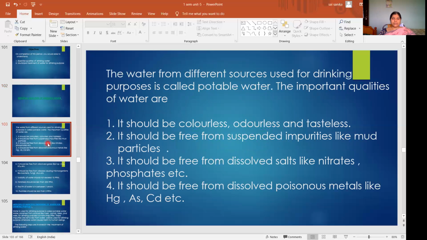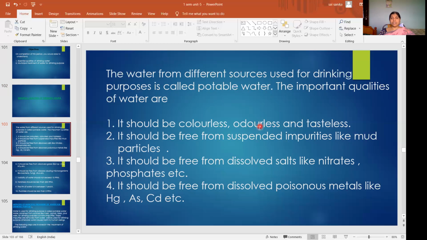The water which is fit for drinking is called drinking water, or it is also called potable water. The water from different sources used for drinking purpose is called potable water.